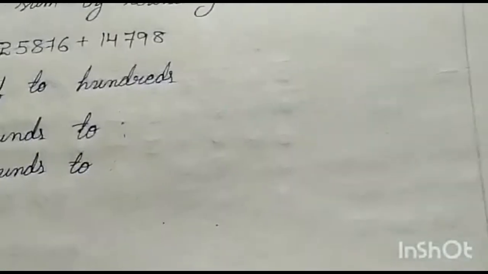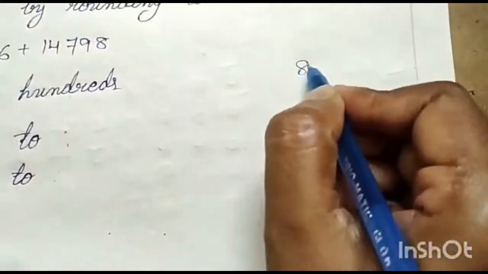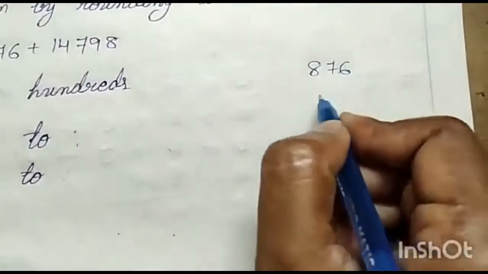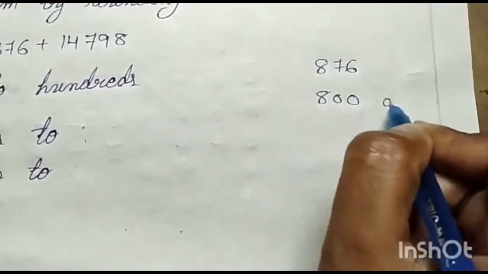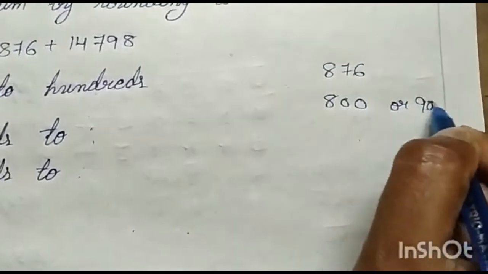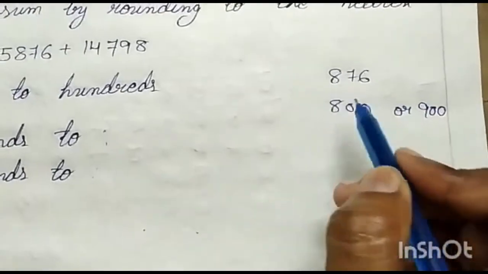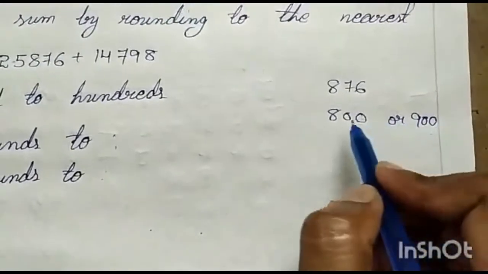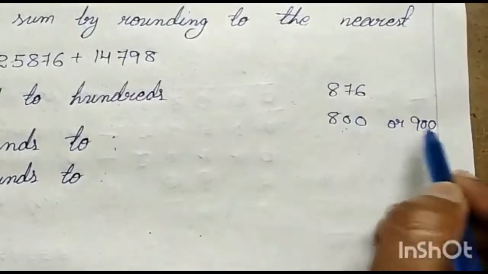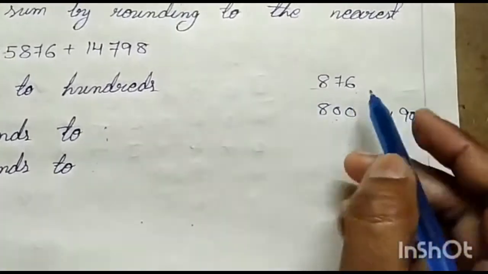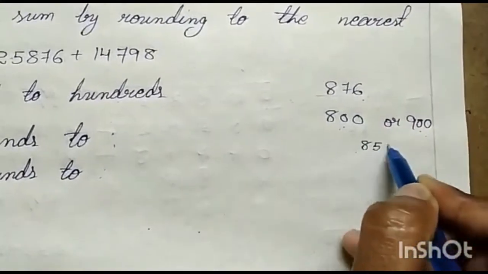876. 876 is nearest to 800 or 900. Before that we checked the tens, that means 80 or 90. Now it is hundreds, that means 800 or 900. We have to check the middle number 850.